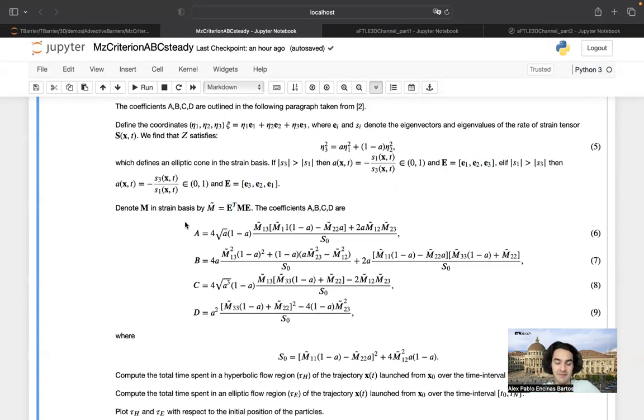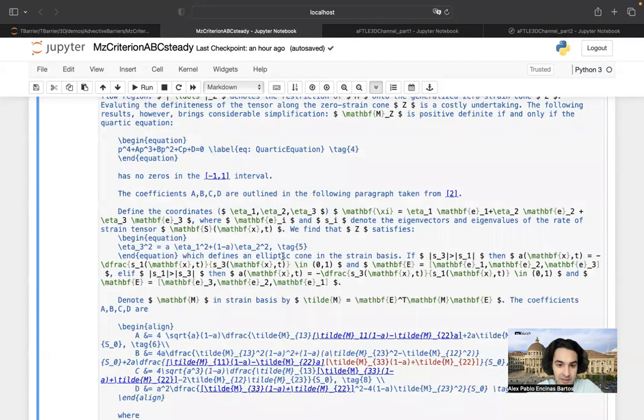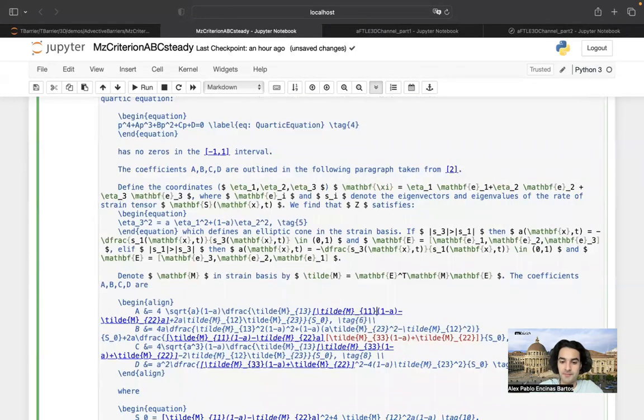And then we can evaluate all these coefficients, where the sub-indices of this M tilde matrix simply denote the position, not the individual elements of M tilde. And of course here it needs to be corrected to this one.